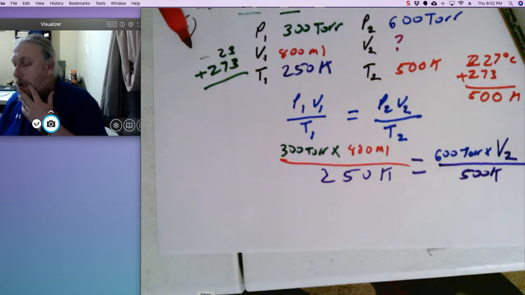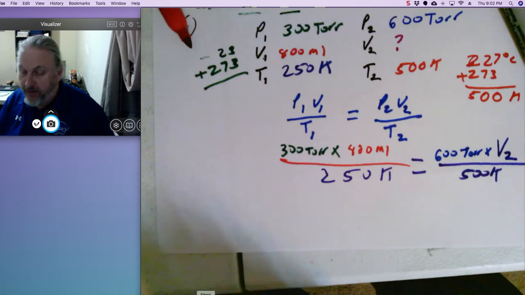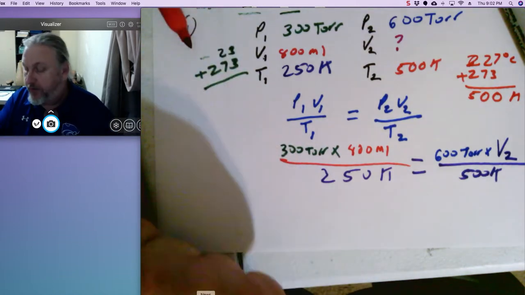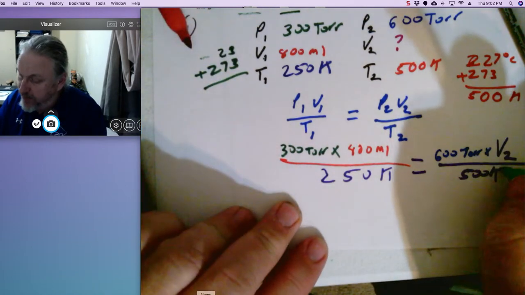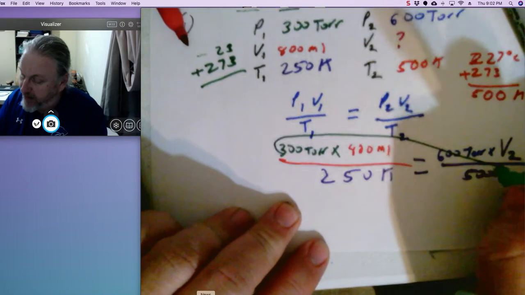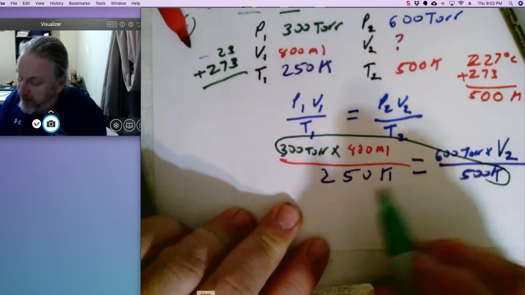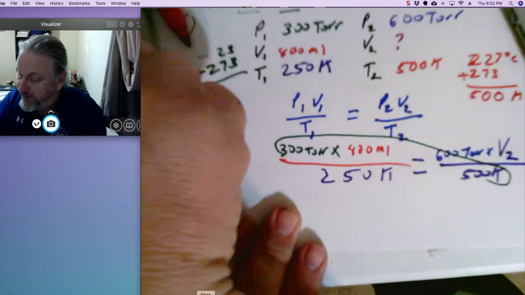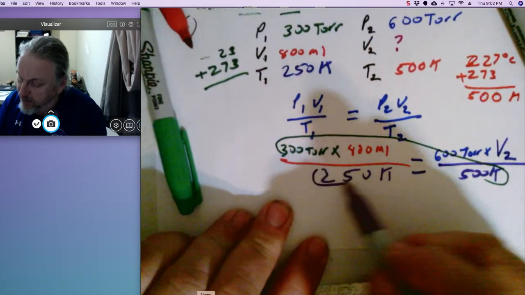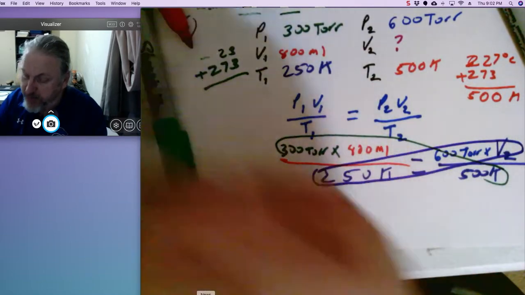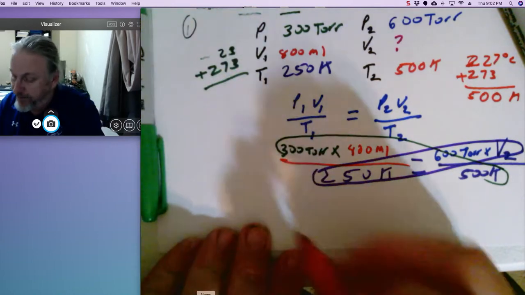Now, I get to do a little math. Again, we're going to cross multiply. So 500 times all of those, and then 250 times all of those. Let's set that up so we make sure we do it right.